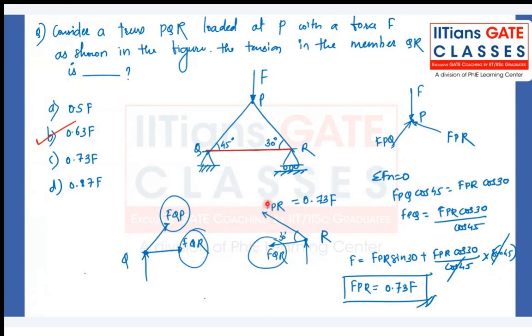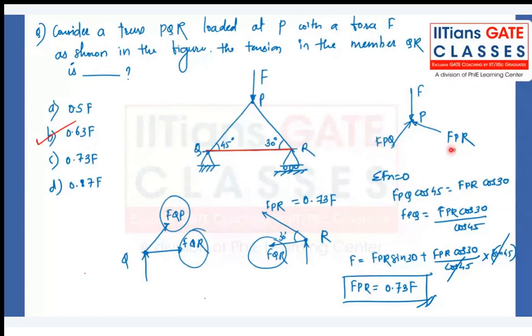From joint P, if you equate the horizontal forces, the cos component of F PQ is equal to the cos component of F PR as per the equilibrium. So that's how we can calculate F PQ as F PR cos 30 divided by cos of 45. And then the force F, which is acting downward, has to be equal to the vertical components, the sine component of F PQ and the sine component of F PR.